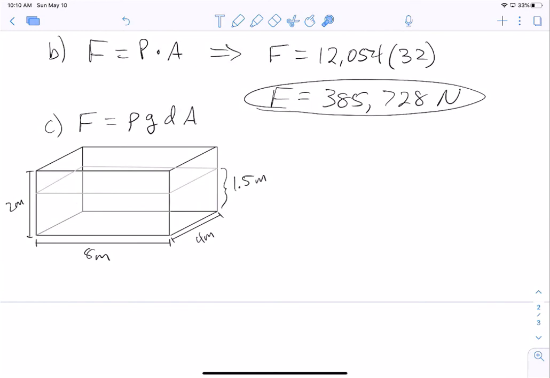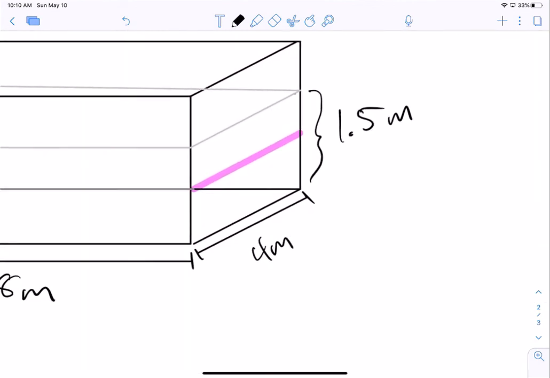Here's the thing. At the top, the depth is 0. At the bottom, the depth is 1.5 meters. And the depth will take on values between 0 and 1.5 meters. And so what we're going to do is consider a strip along the side of the tank. And we're going to say that this strip has a height of delta y. And then we have a couple of choices as to how we can label our quantities here.